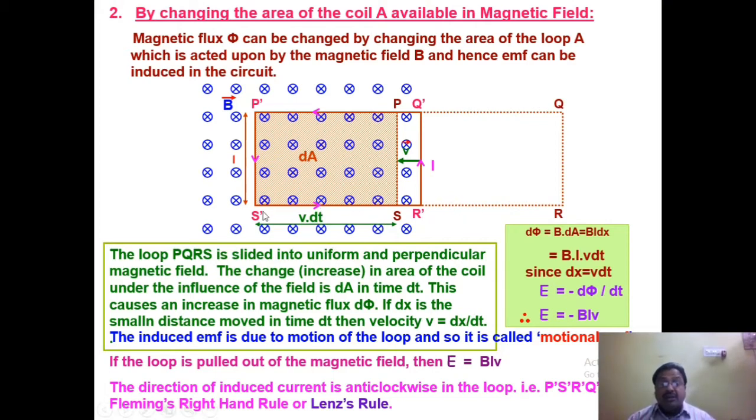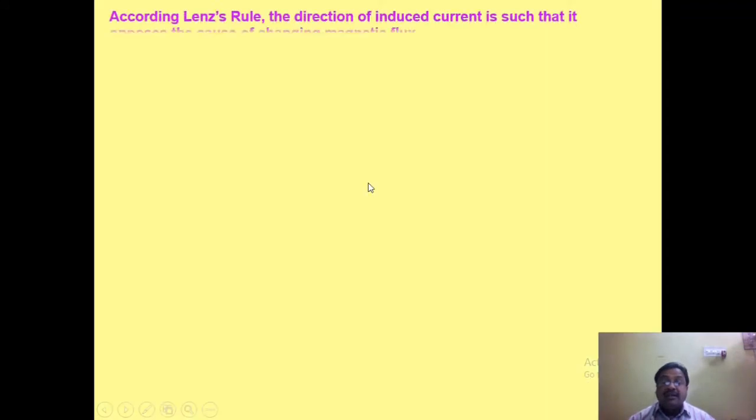This is the direction. Again I am showing it with the cursor. It will be the direction of the induced EMF according to Fleming's right hand rule or Lenz's rule.